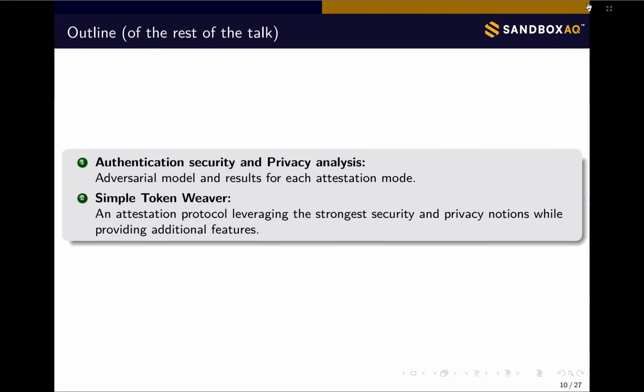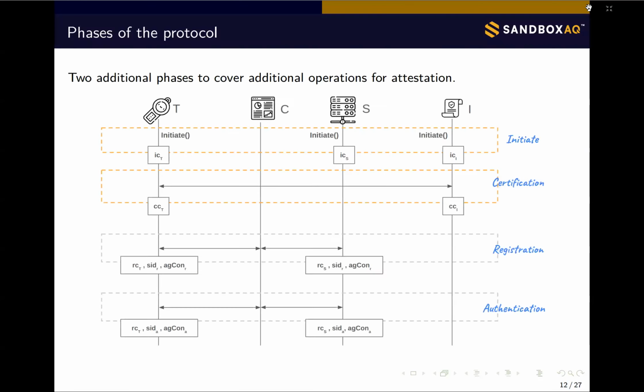So for the rest of the talk, I will talk first about this analysis of authentication, security and privacy, and then about our proposal of the attestation mode called Simple Token Weaver. For the first one, as I mentioned, we created a new model in order to analyze the properties of FIDO2, comprising the attestation modes.